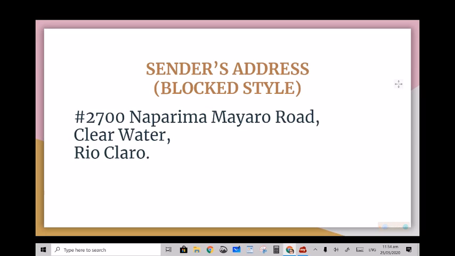Notice that the road is separated from the area or the village, and then you would also have your city. So each element is separated. A lot of students sometimes attempt to write everything in one line. You should not do so. You should separate every aspect of your address.